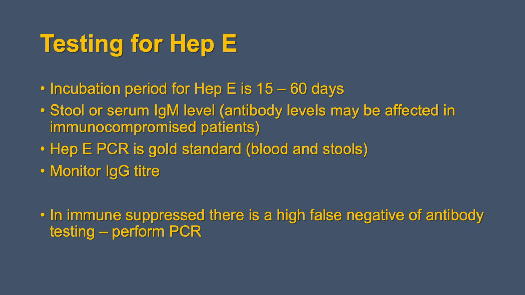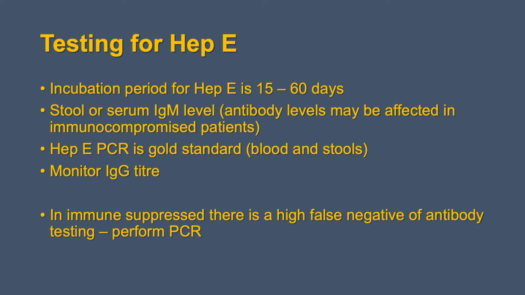However, in immunocompromised patients, so for example, transplant recipients who are taking immunosuppression, there's altered IgM antibody kinetics, there's a delayed immune response in these patients, and therefore there is a very high false negative rate of antibody testing. So in these patients, you really need to rely on hepatitis E RNA testing by PCR, and that can be performed both in blood but also in stool.